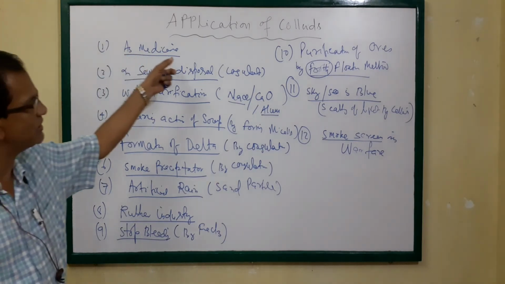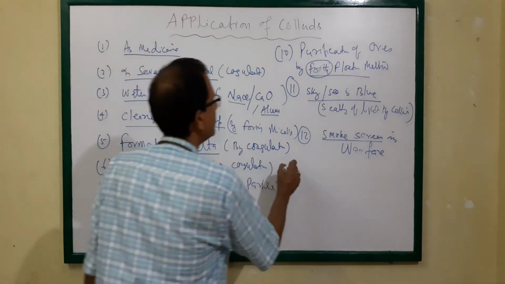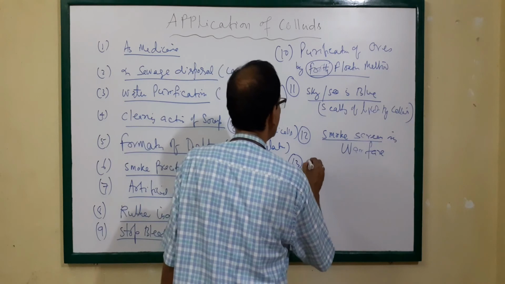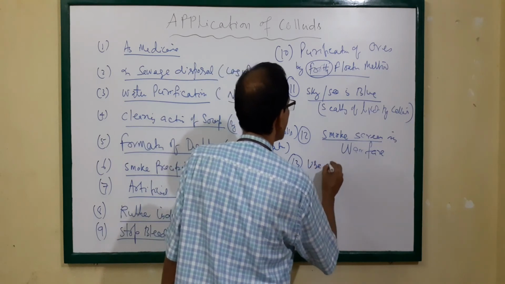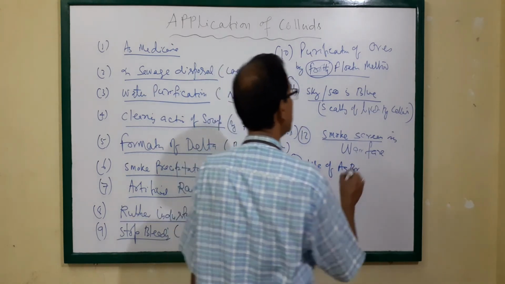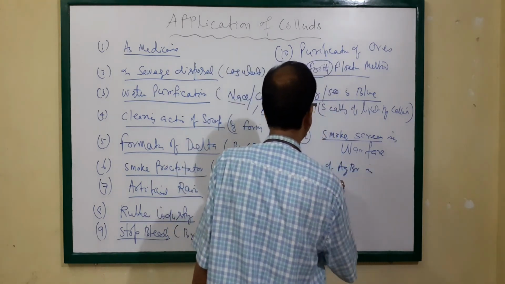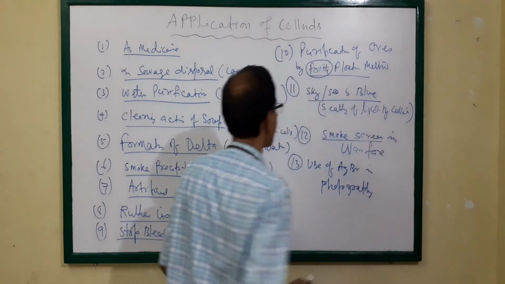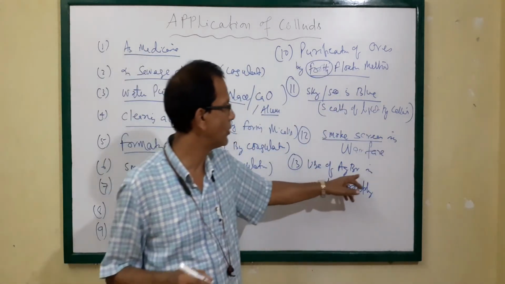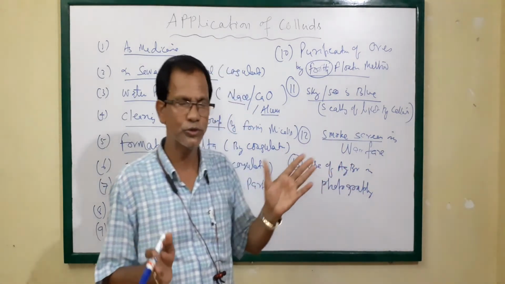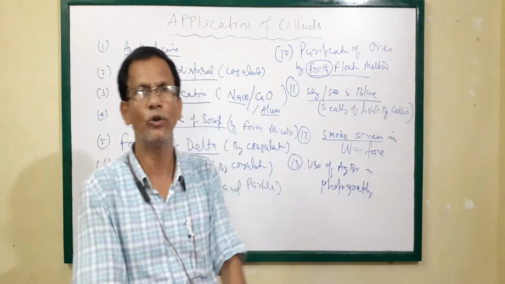Another very important application you can also add is the use of silver bromide in photography. What is the role? Silver bromide solution is used as a colloidal form.